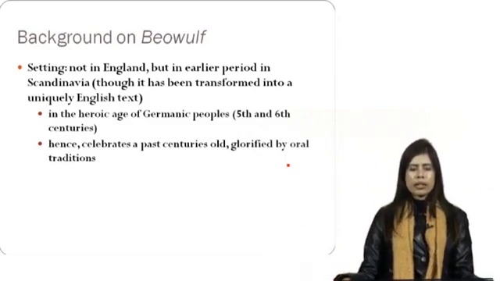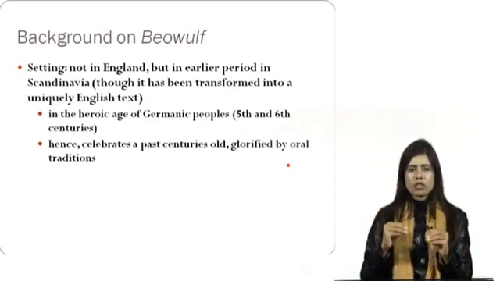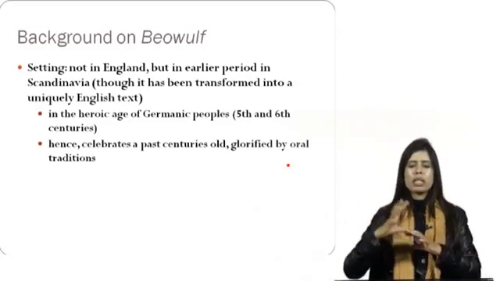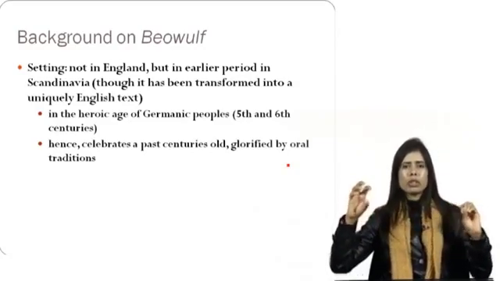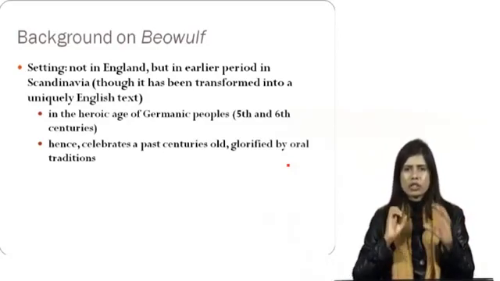It is set in the heroic age of Germanic people, the 5th and 6th centuries, okay. And then Beowulf celebrates a past century old, glorified by oral tradition. So basically this is about different centuries, glorified by the oral tradition as well.